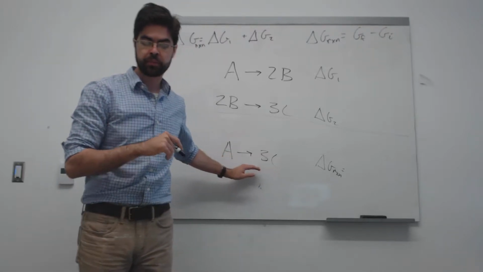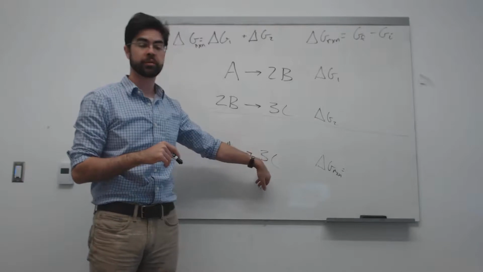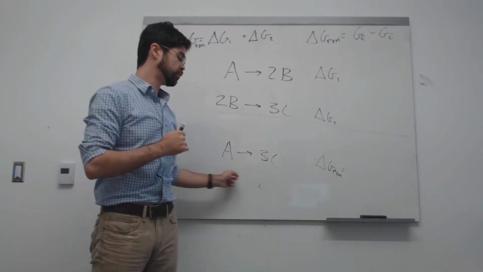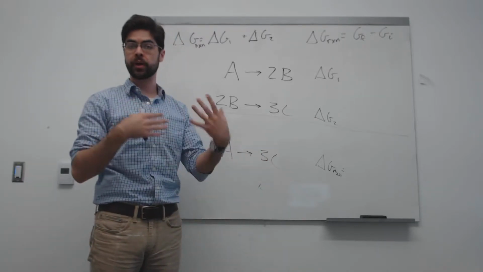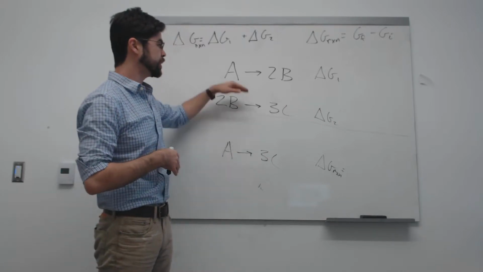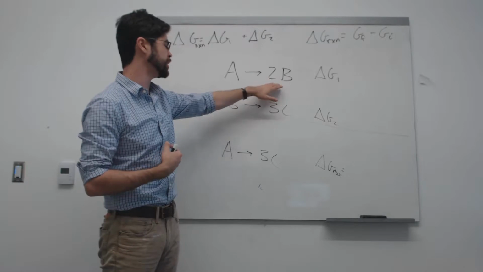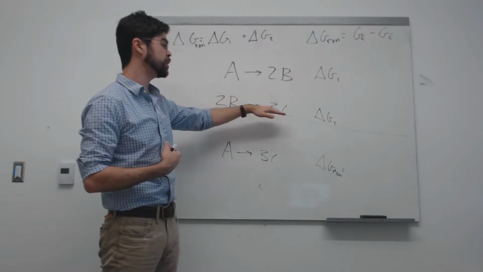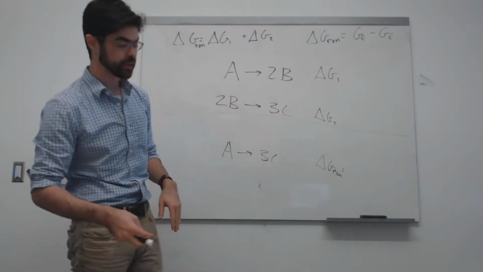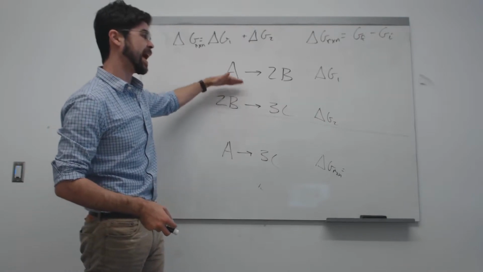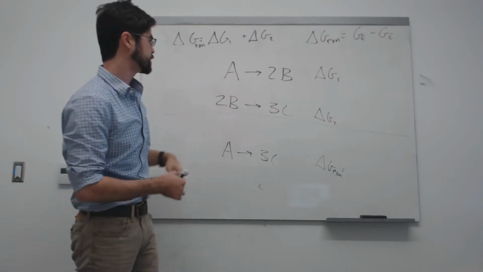I can propose a way of going from A to 3C in one step, or I could propose an alternate where I do this in two steps, two reactions. First A goes to two B molecules, and then two B molecules convert to three C molecules. Basically, add these two together.